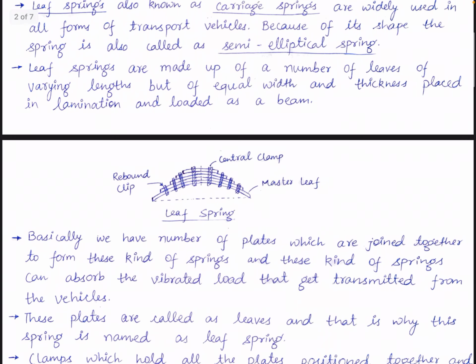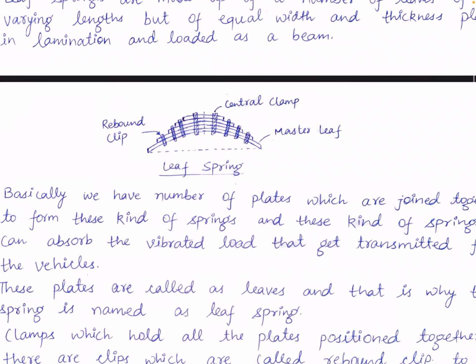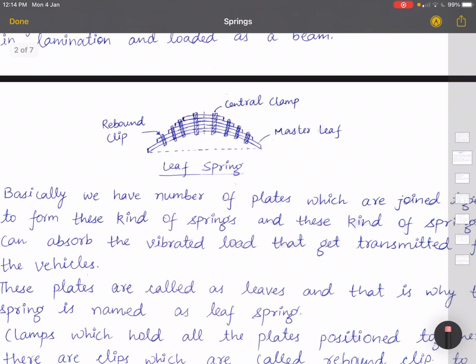We can see this from this figure. These are the leaves, 1, 2, 3, 4, 5 leaves are there. Thickness is the same, but you can see the length, it is the longest, so it is termed the master leaf.